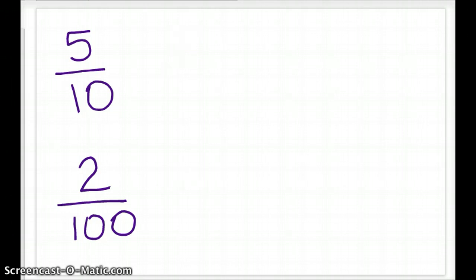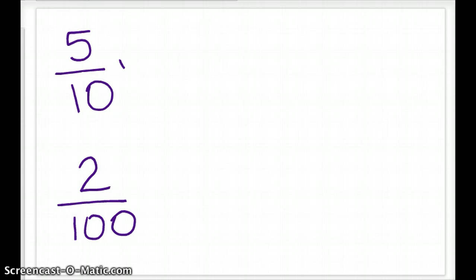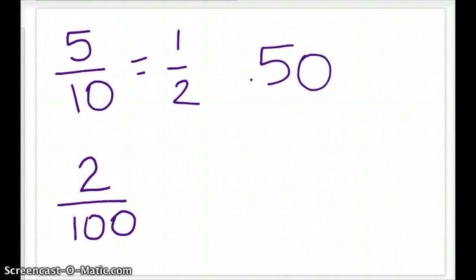Or I can look at this and say, I know that 10 times 5 and 10 times 10 equals 50 out of 100, and 50 cents would be 0.50. Other people might do it this way. I know that 5/10 is really equal to 1/2, and that half of a dollar is 50 cents. So there's several different ways you can do that one.